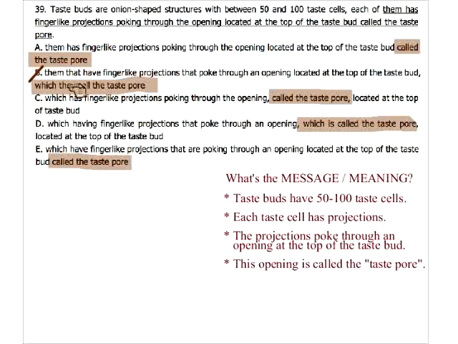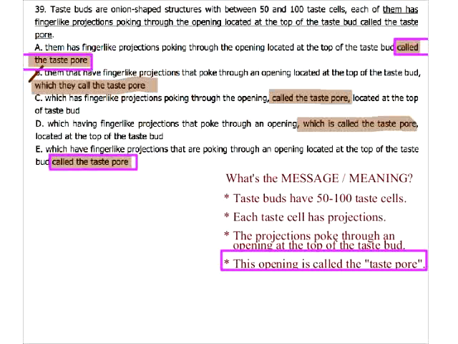Let's look at the modifier in C and D versus A and E. Remember that the taste pore is the name of the opening. So here that's not as clear. Same thing with this. This is not as good.